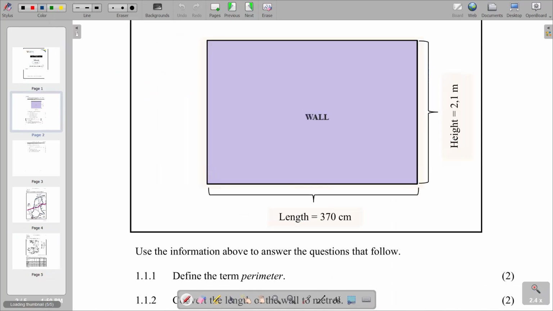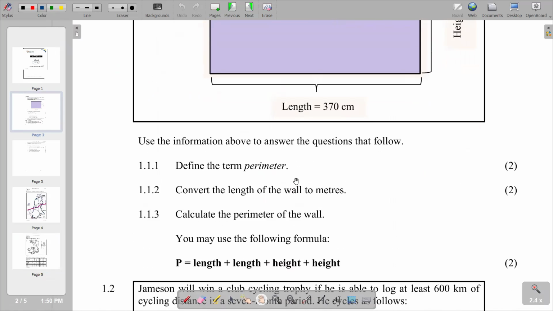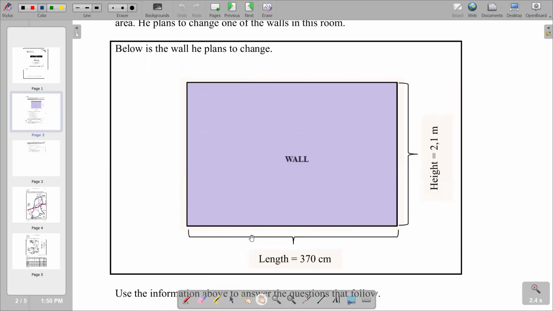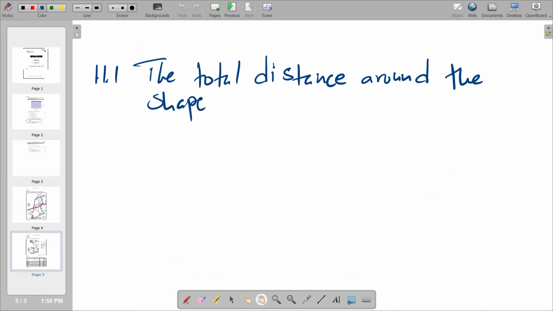Moving on to the second question, it reads: convert the length of the wall to meters. We are seeing that the length is 370 centimeters, and we know that 1 meter is equal to 100 centimeters.